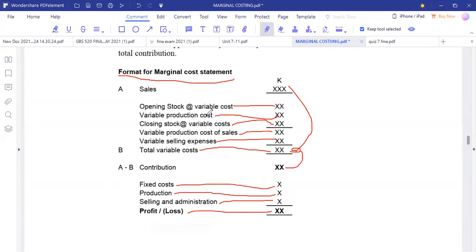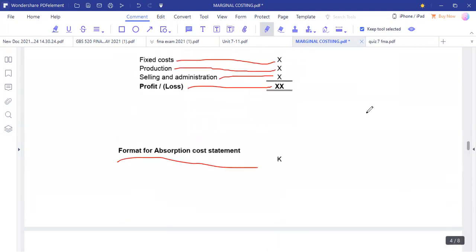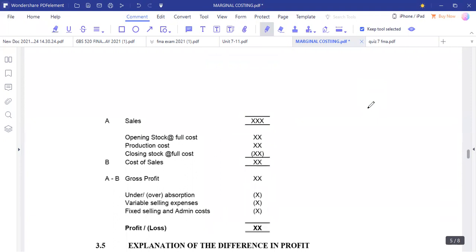All these are at variable cost when you're getting down to the contribution. Now, under absorption costing, we are getting down to the full product cost. So the sales minus the opening stock should be at full cost, meaning that we account for both the variable and fixed cost. Then production cost also should be at full cost.